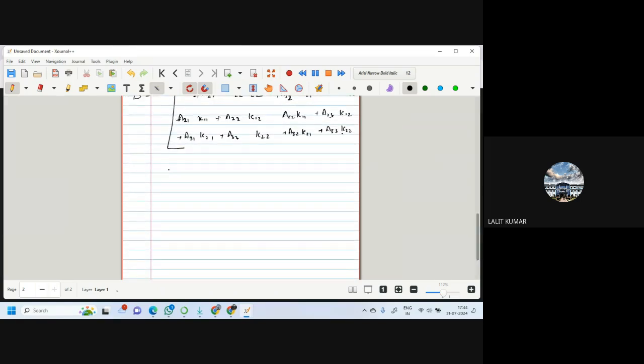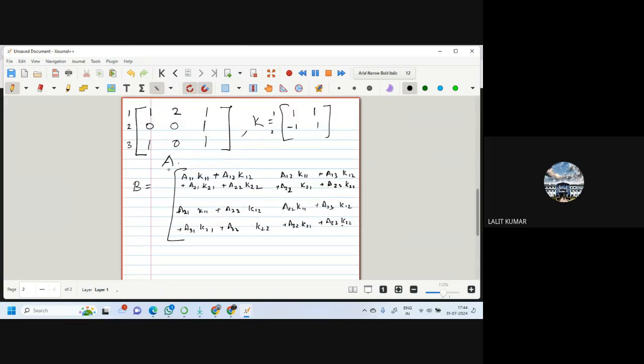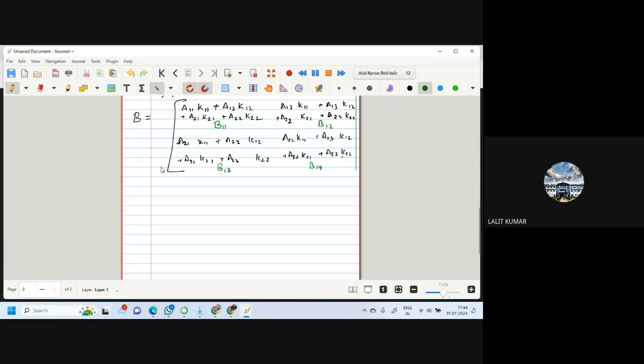So finally, what do we get here? For example, this is B11, this is B12, B13, this is B14. So if you have to take del by del K, it means your del B11 has 4 elements.